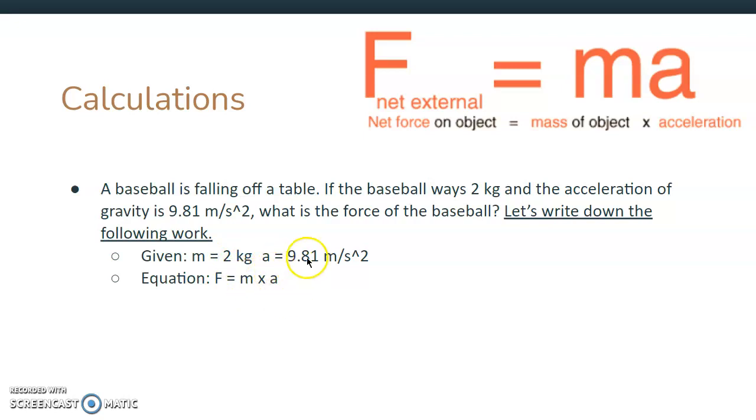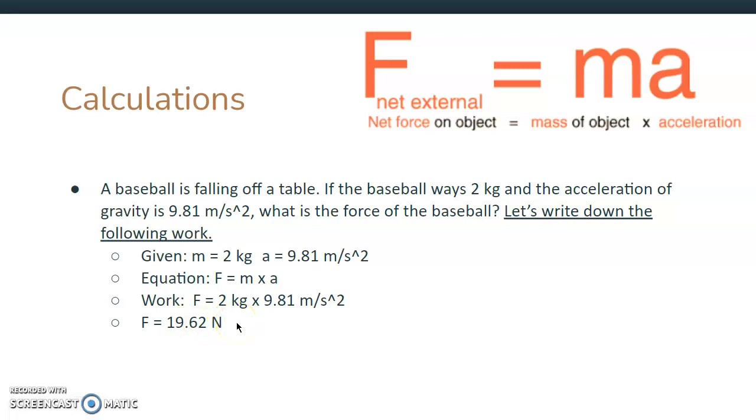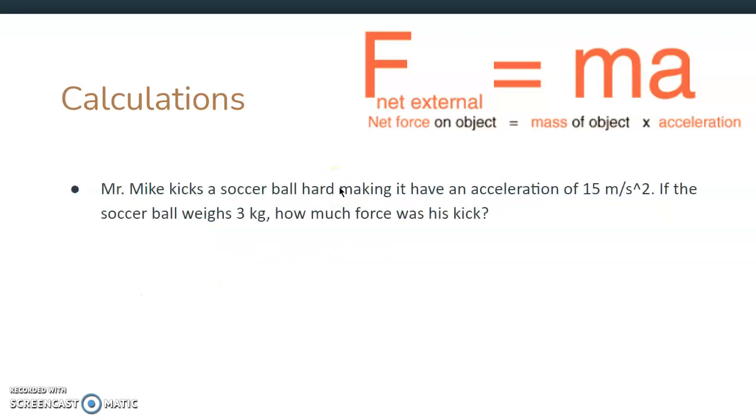And a was equal to 9.81 meters per second squared, so we'll put 9.81 right there. So our work is just plugging those in. And then our answer is 19.62 newtons. So it's, I think, a very easy equation. The hard part is just making sure we're understanding our problem. So let's go through a couple more examples.